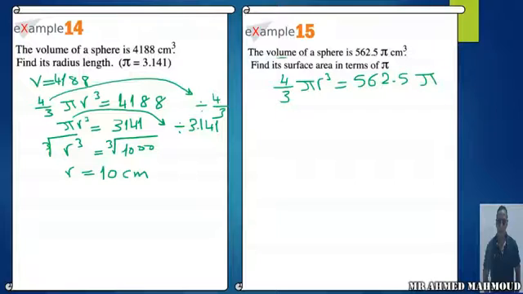As we took before, if we have pi on both sides, then I am going to cross out pi like this, and I'm going to send 4 over 3 to the other side, divided by 4 over 3.